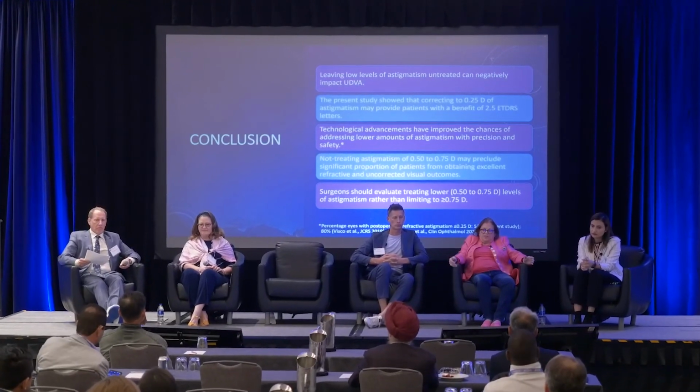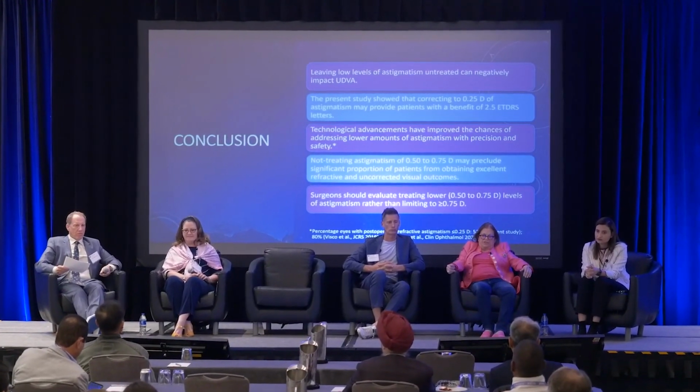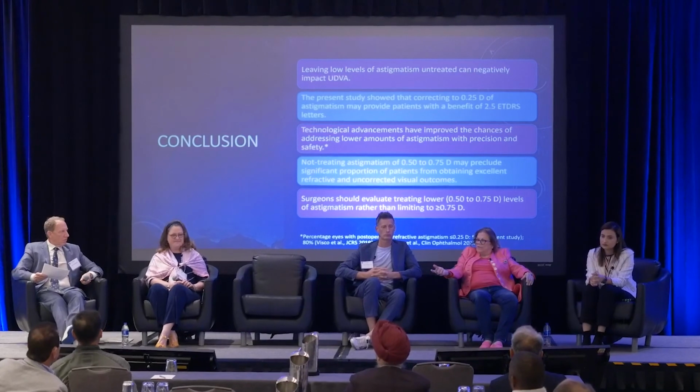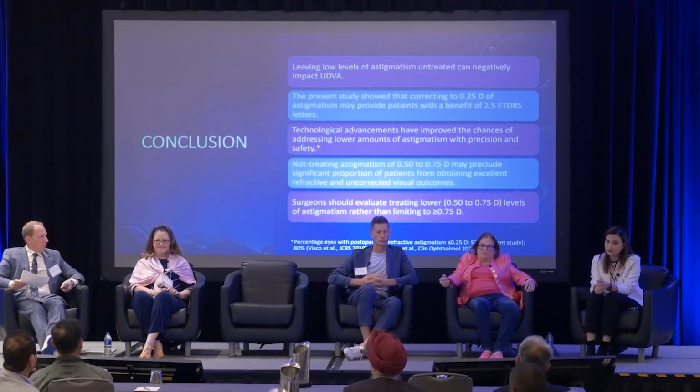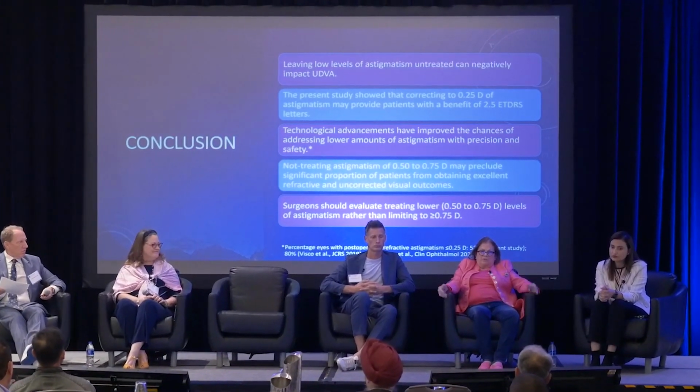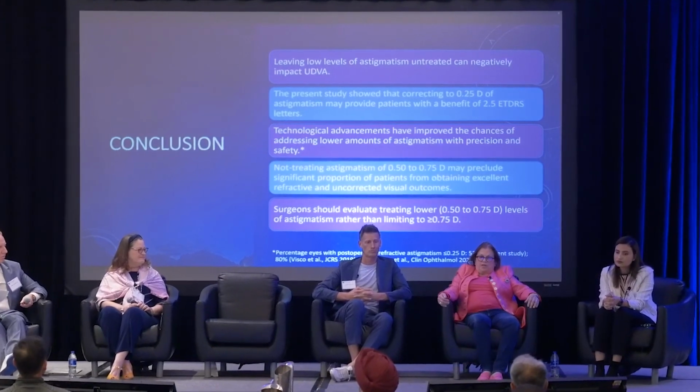Denise showed 80% in 2019 in her JCRS article, 68% with Gary, and these were AIs. Mine with toric shows 53%. So this is a great way to lower corneal astigmatism and improve patients' outcomes. And I think that we all need to look at limiting our astigmatism to a whole lot less than 3/4 of a diopter. Thank you.